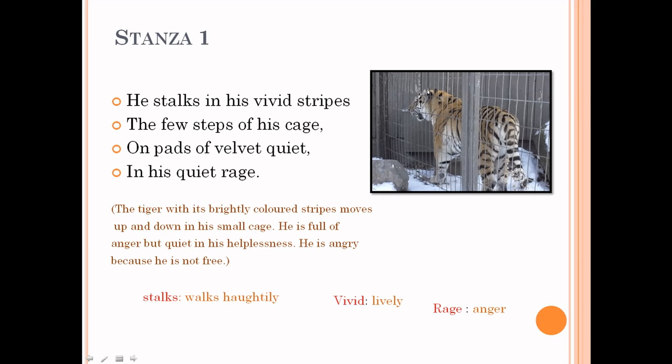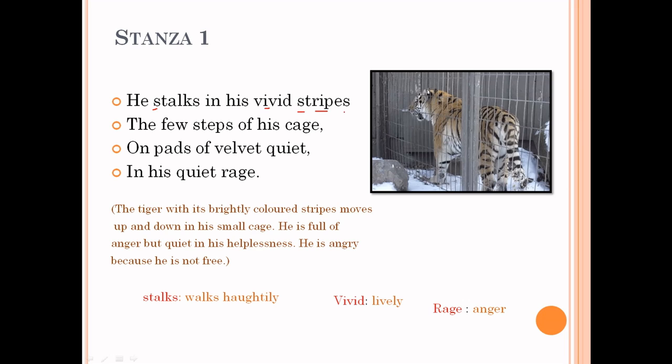And there are some literary devices in the poem, such as the use of vowel sound, as vivid use of I sound in vivid stripes, and use of consonant sound in the words, as sound of S, stalks and stripes.